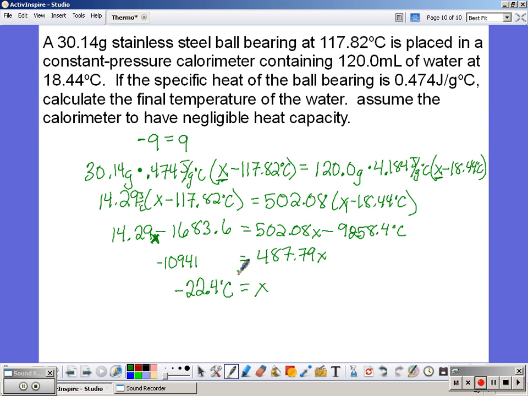I'm sorry, that would be the change in the water. So, no, it should be a positive. I'm sorry, positive 22.4 degrees Celsius.